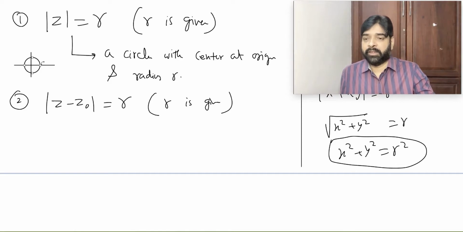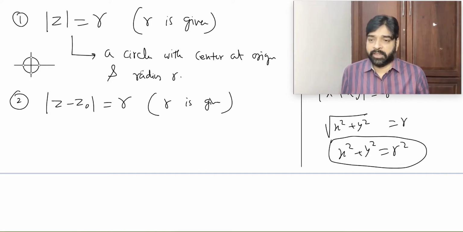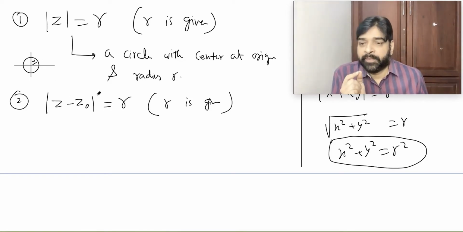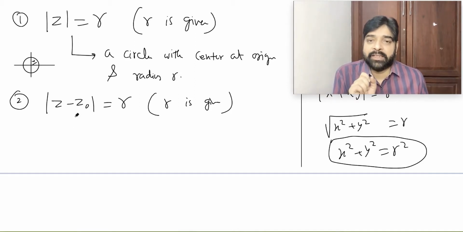For the first one, there is a circle with the center origin and radius r. This one, what is this? Think, what does this represent? This represents a line segment, the length of the line segment joining Z and Z0. Be clear, Z0, Z1, Z2, all these are given, which means it's a constant.